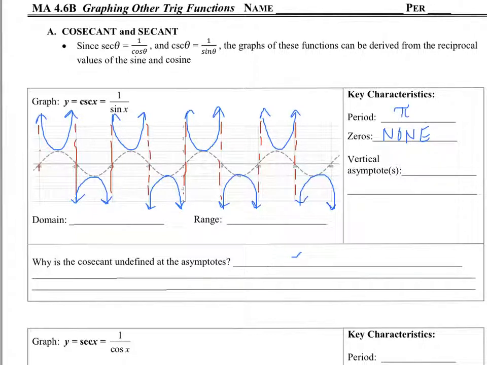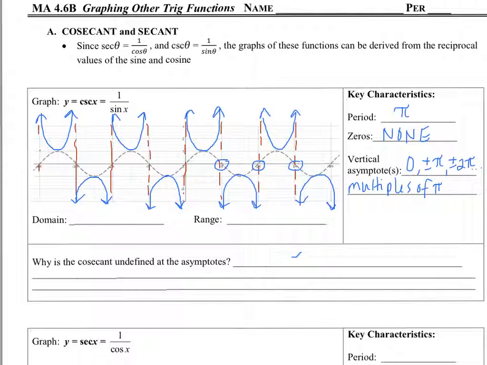So we also notice that because the sine hits 0 at every pi, that's where my red vertical asymptotes are. And I don't know if you can see this, but they're at pi, 2 pi, 3 pi. Right? It's basically all multiples of pi. Okay, so dot, dot, dot.